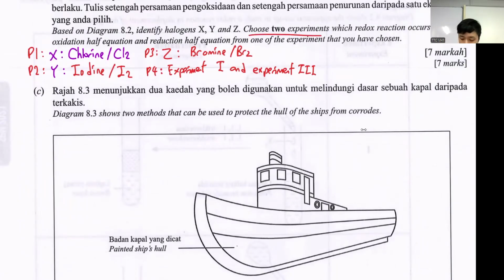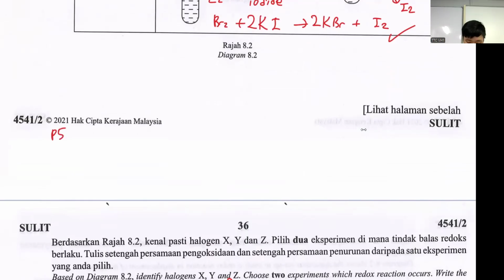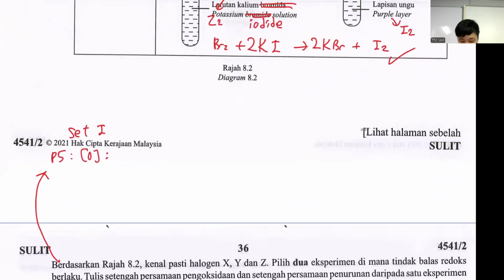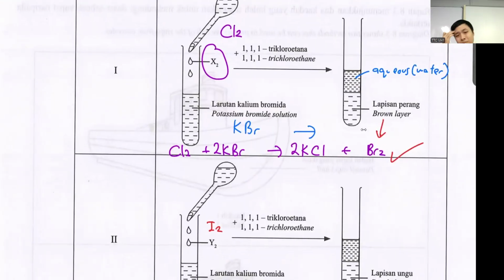Write the oxidation half equation and reduction half equation from one of the experiments you have chosen. Let's say I choose the first one, set 1. What is the oxidation? Which one undergoes oxidation?